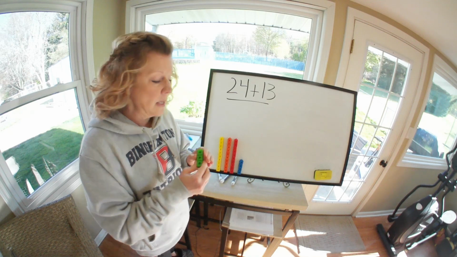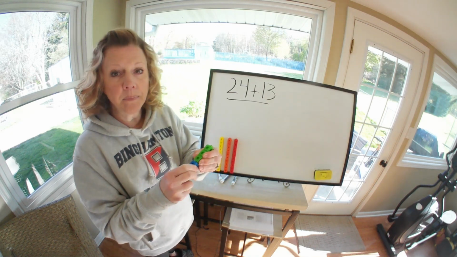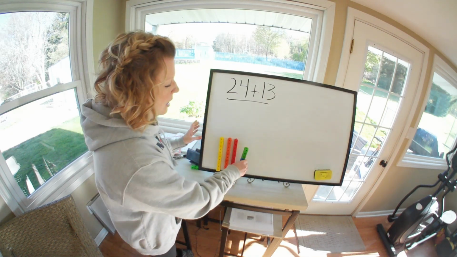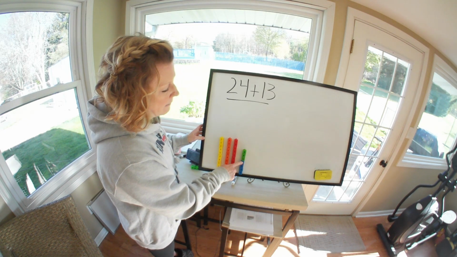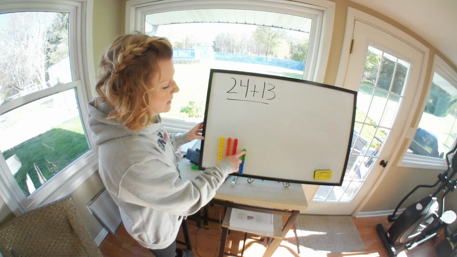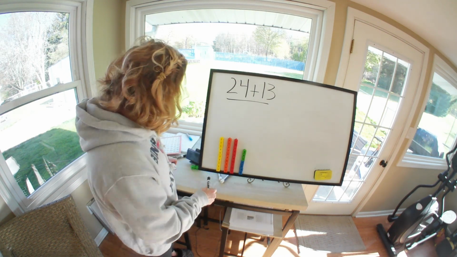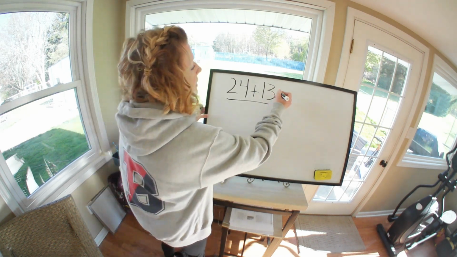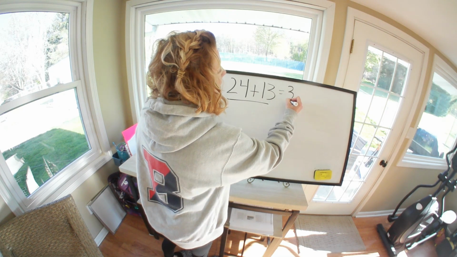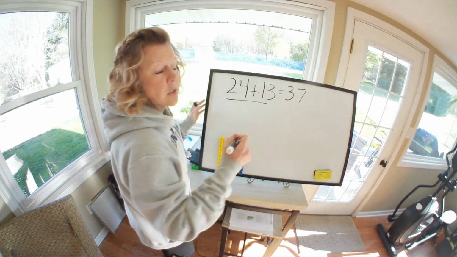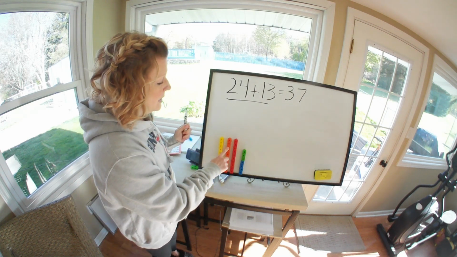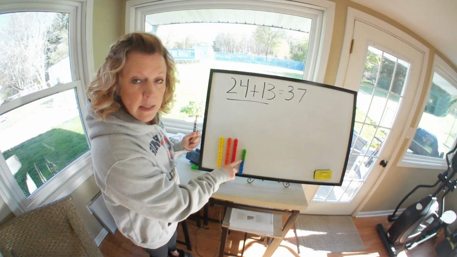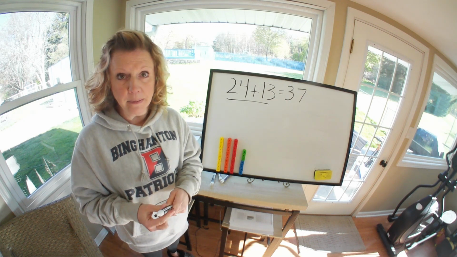And then I'm going to take my 1s and combine them with my other 1s. So now I have 1, 2, 3 10s, and I knew I had 4, 5, 6, 7 1s. So my answer should be 3 10s and 7 1s, which is the number 37, right? So we have 10, 20, 30. 30 plus 7 is 37.